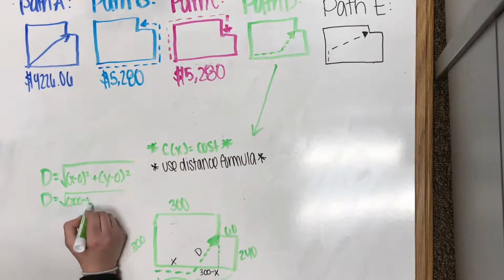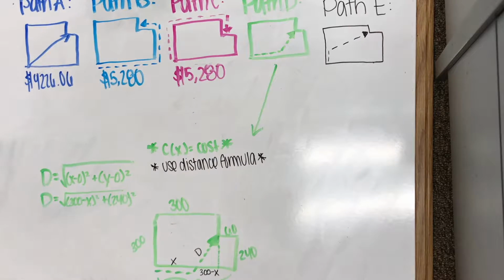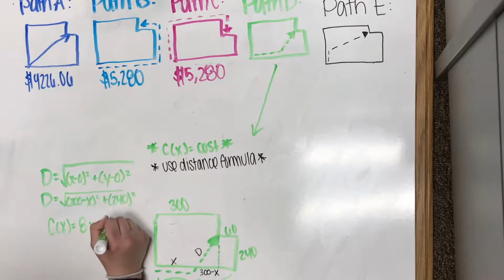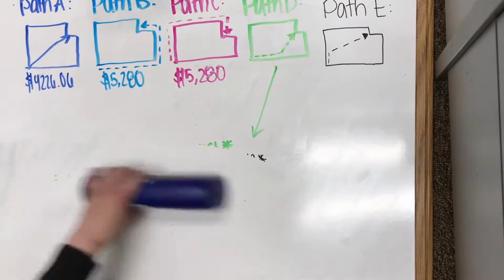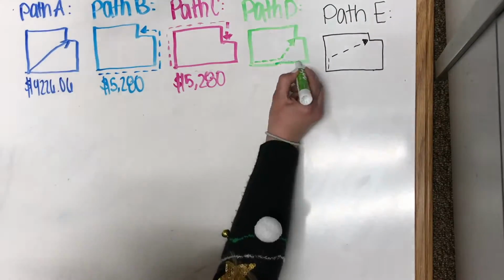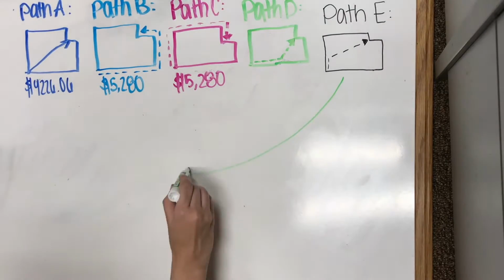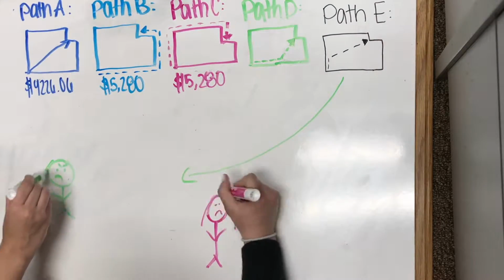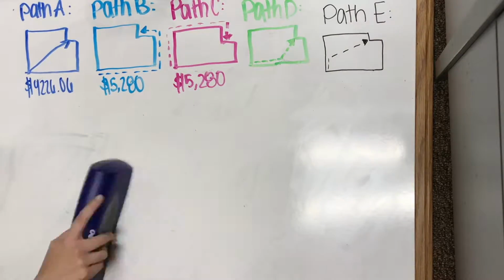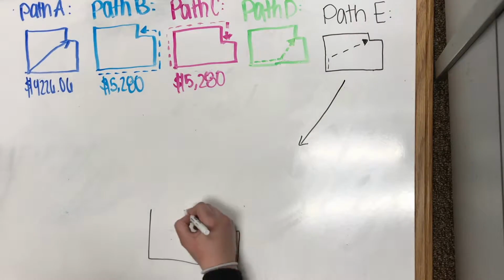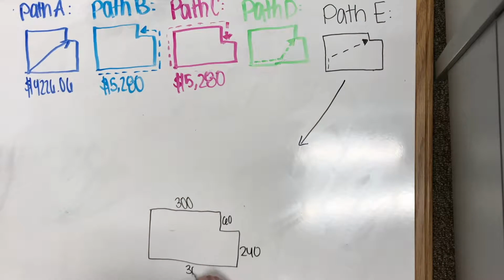Then we plug in our variables, which is 300 minus x squared plus 240 squared. Then we plug it into our cost function, which is 8x plus 11d because of the measurements and the cost per foot. We plugged that into decimals, and we got an answer of $4,211.69.